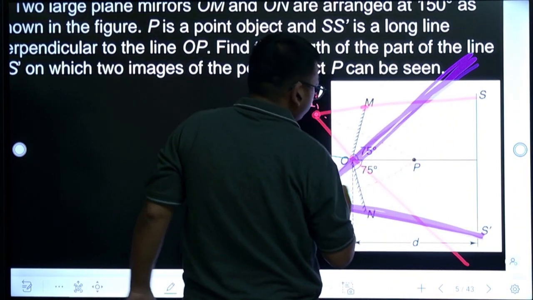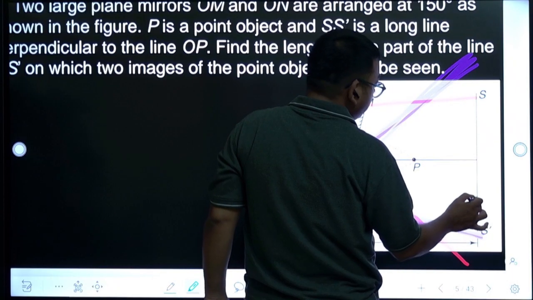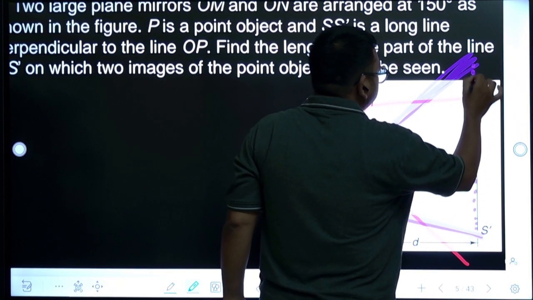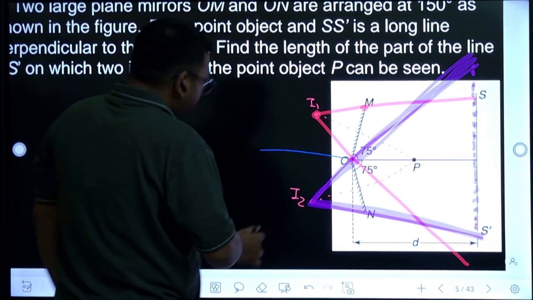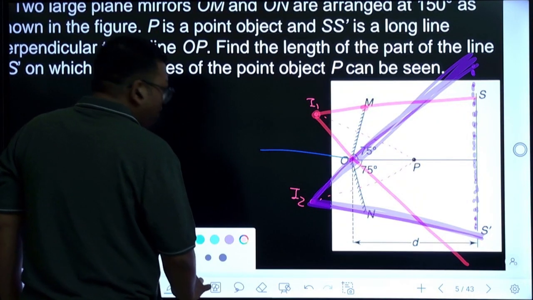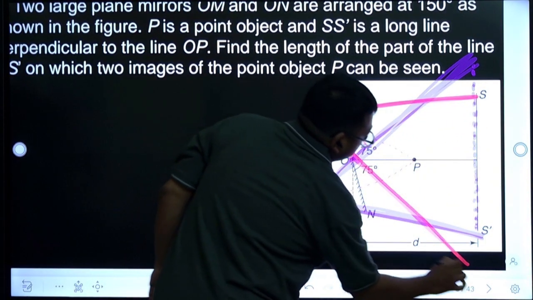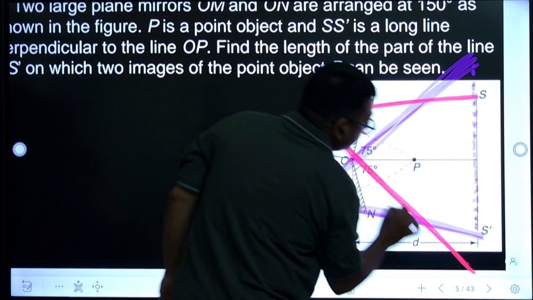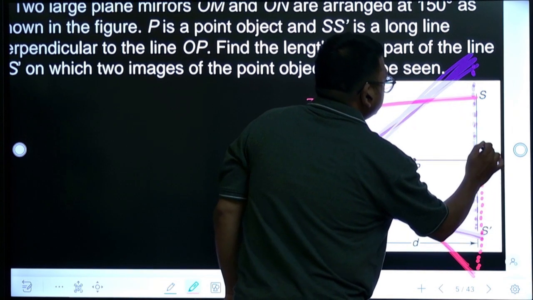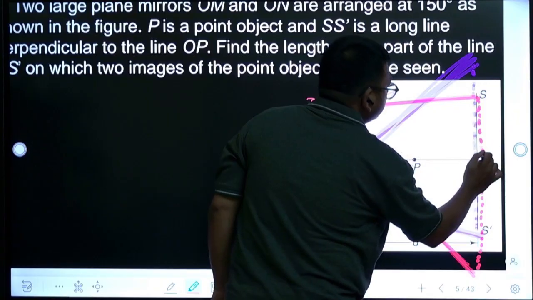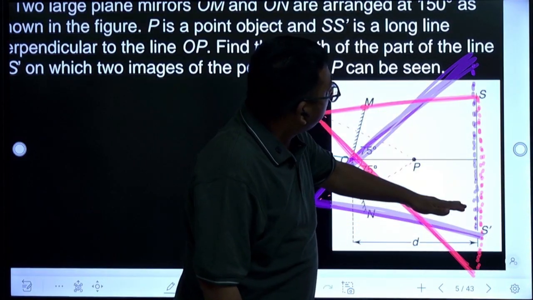I will show it with dots. On this much length you will be able to see I2. Similarly, I1 will be seen within this space. So I1 can be seen within this space and I2 within the other.